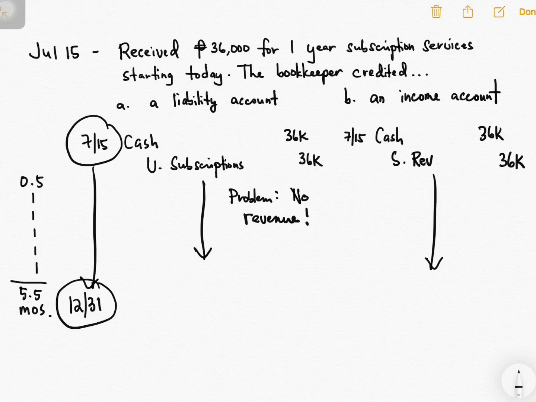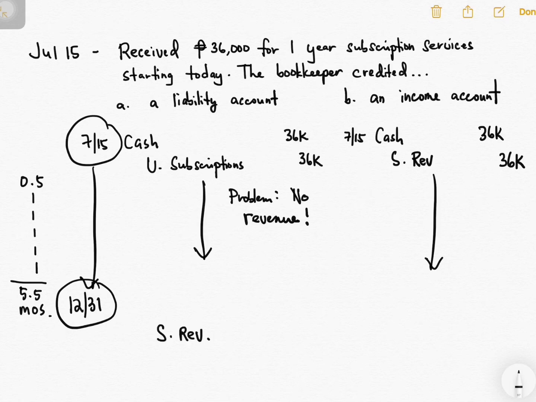So the problem is, where's the revenue? You need to recognize that. And the revenue here specifically is for 5.5 months, because it's already 5.5 months since you recorded this entry. Without a doubt, in the adjusting entry, you will recognize subscriptions revenue.